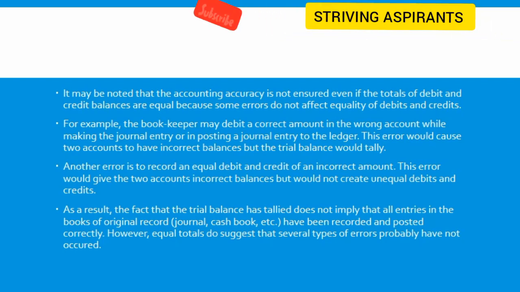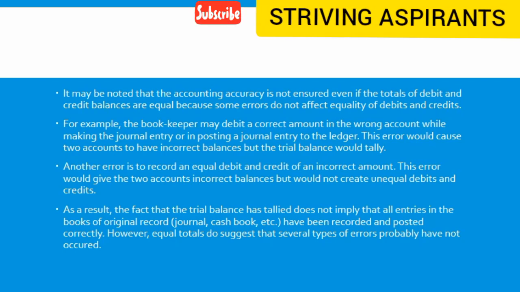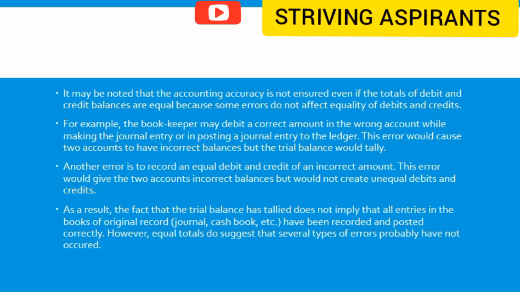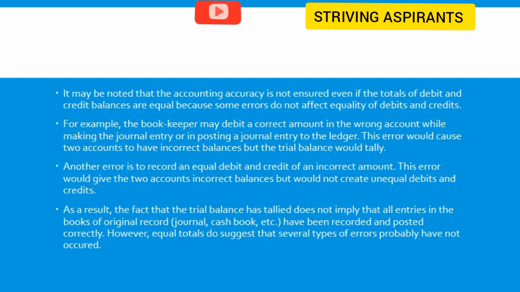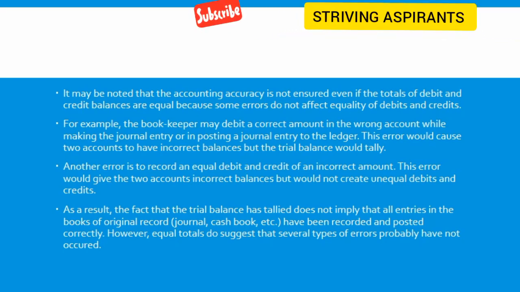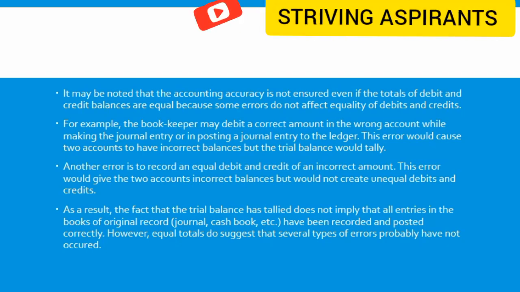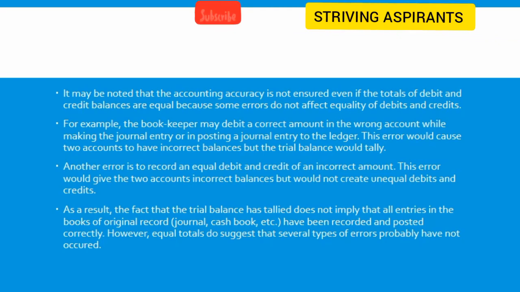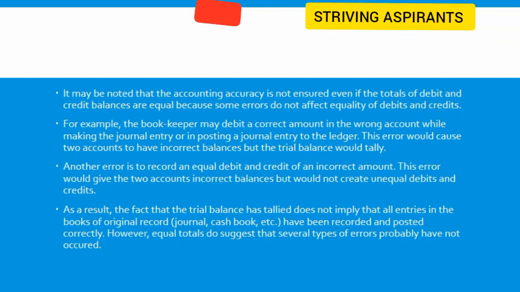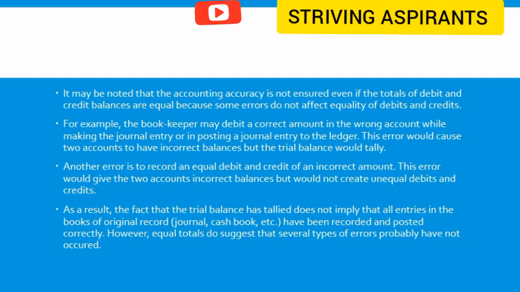Another point we have to note is that accounting accuracy is not ensured even if the totals of debit and credit balances are equal, because some errors may occur in other ways also. So we can't depend only on the arithmetical accuracy or the amounts that we have taken into consideration.